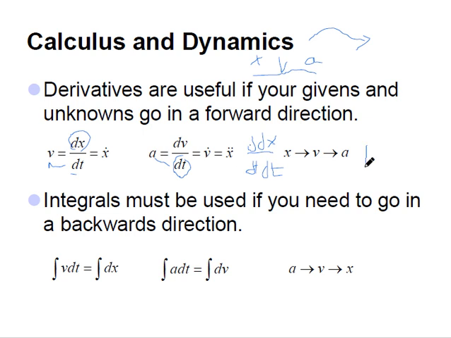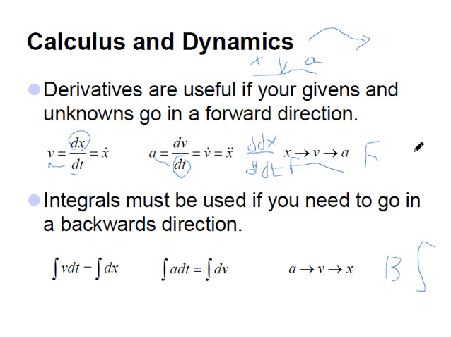Again, to make it simple for you, I spent a lot of time thinking about how to give it to you. So that's forward, and backwards, I should say, going that way. Going backwards, take integration.